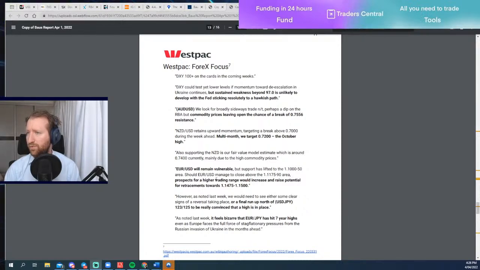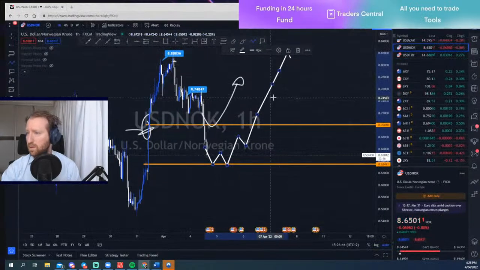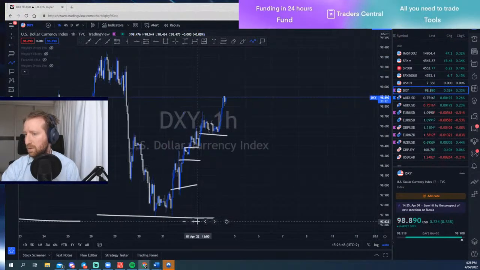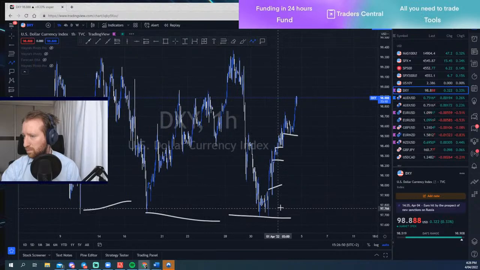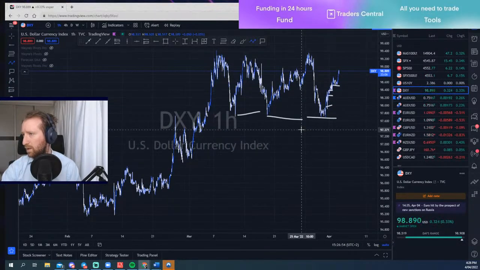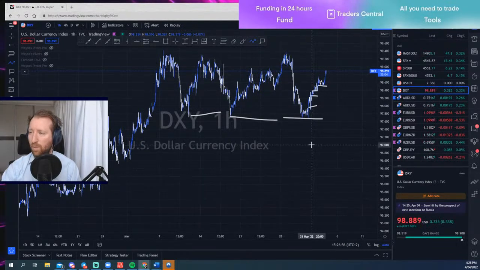For the DXY, Westpac is thinking it should not go lower than 97, and the price of DXY is at 98 right now, so that is the low of the range. I think it can maybe break out to the lower side, but it shouldn't go lower than 97.